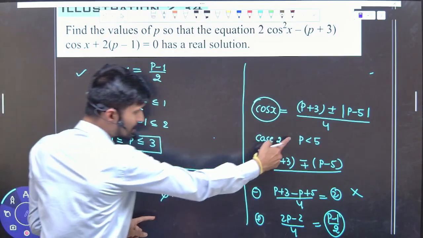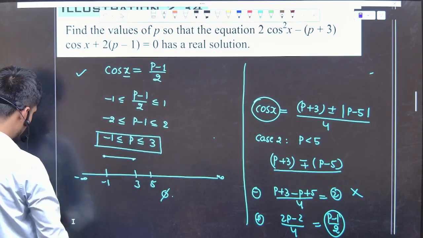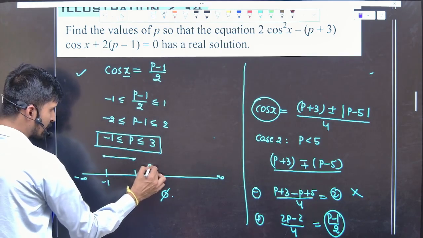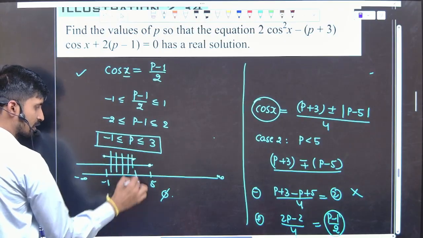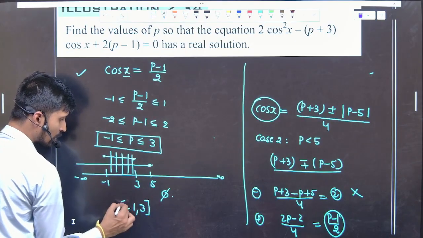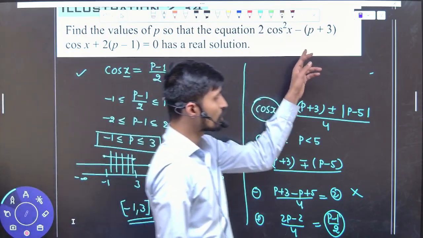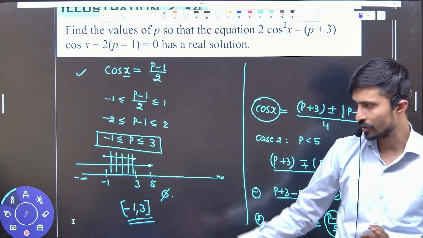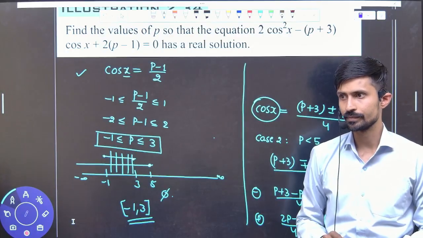But in this case, p is less than 5. So in this case, only this will be removed and this will become p is less than 5. So now here we'll get the intersection minus 1 to 3, closed bracket. It means in place of p, if we put any number between minus 1 to 3, that quadratic will have a solution.